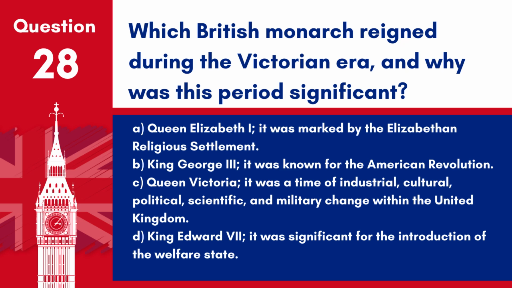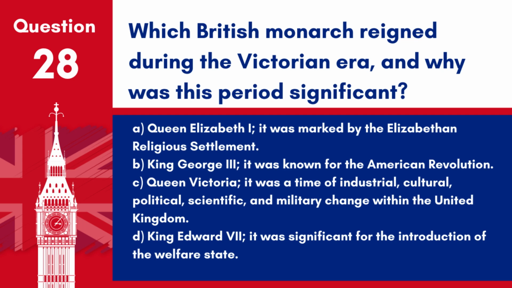Question 28. Which British monarch reigned during the Victorian era, and why was this period significant? A. Queen Elizabeth I. It was marked by the Elizabethan religious settlement. B. King George III. It was known for the American Revolution. C. Queen Victoria.